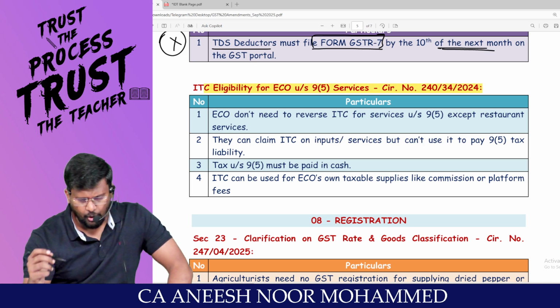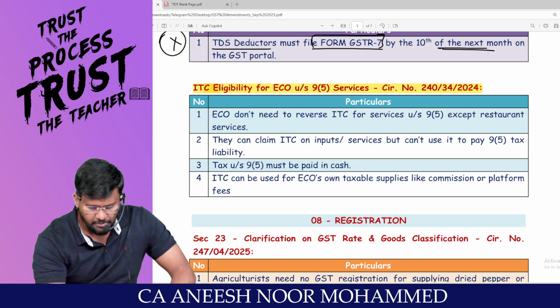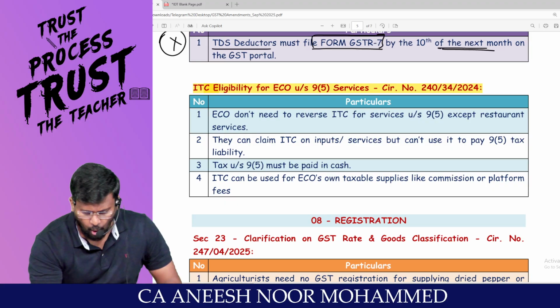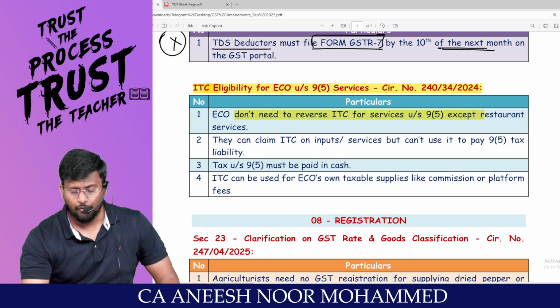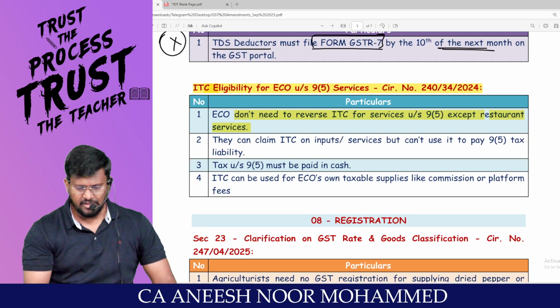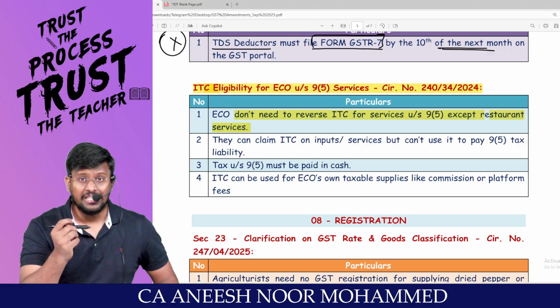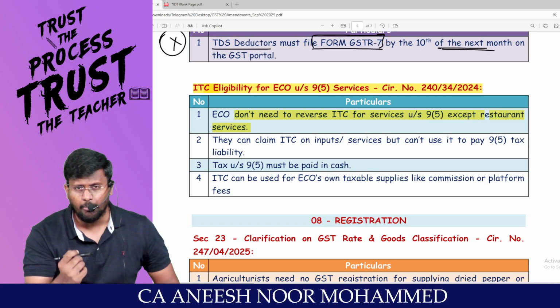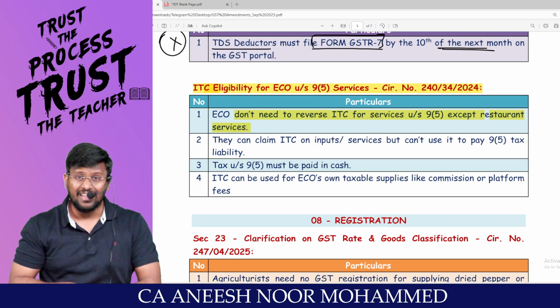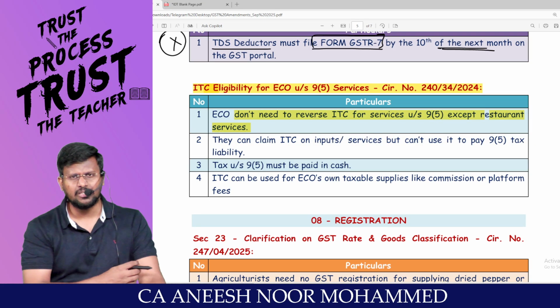ITC eligibility for e-commerce operator under 9(5) services. Again a circular. Sir, e-commerce operators don't need to reverse ITC for services under 9(5) except restaurant services. For example, if specified services are supplied through an e-commerce operator, the operator is the person liable to pay tax, not under RCM, under ECO charge, right?